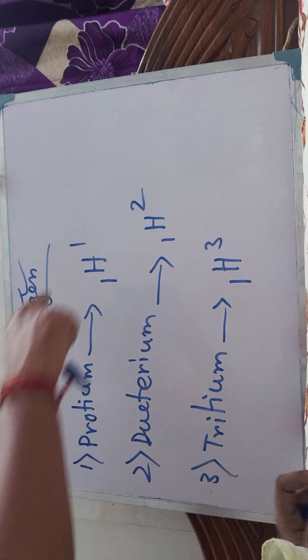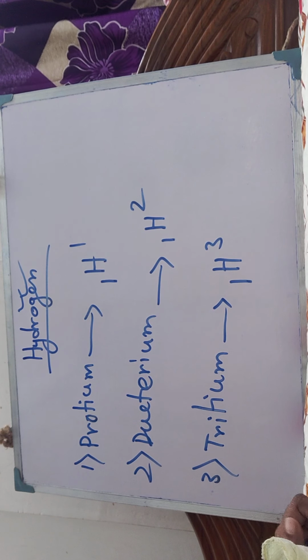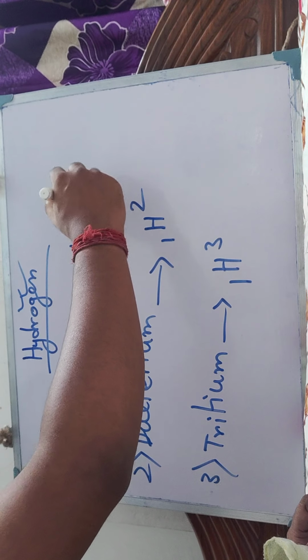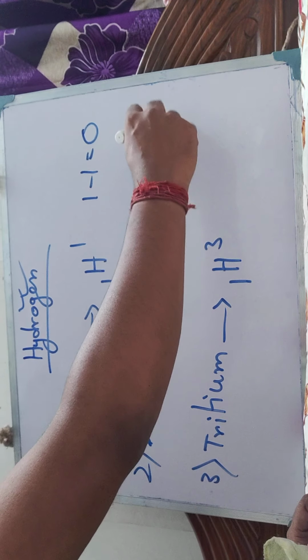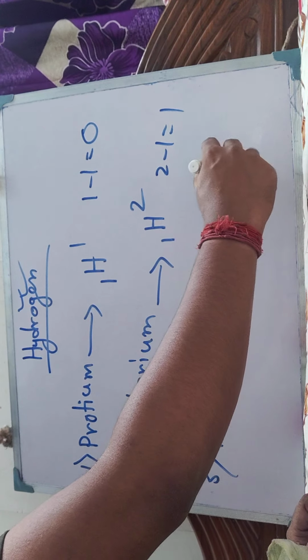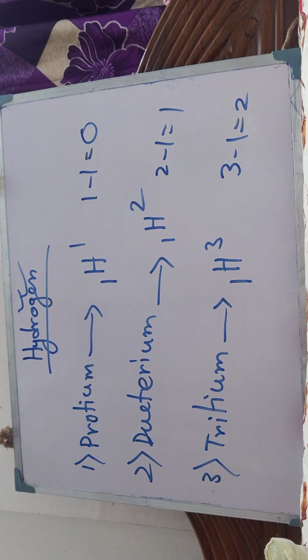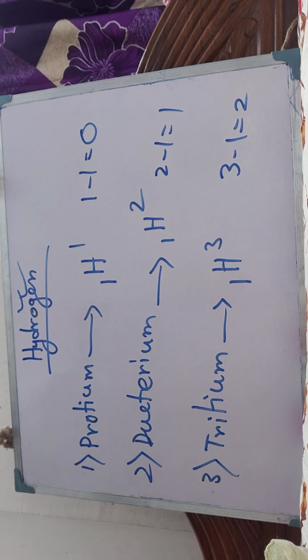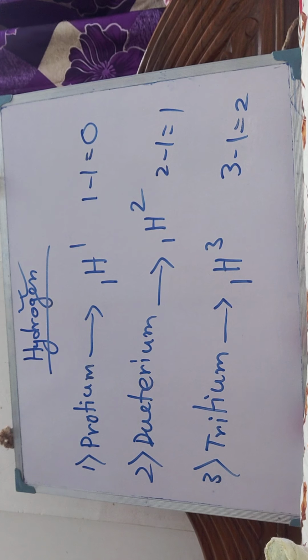If we subtract the atomic number from the mass number, we get the number of neutrons. For protium, it is 1 minus 1, that is equal to 0. In case of deuterium, it is 2 minus 1, it is 1. And in case of tritium, it is 3 minus 1, that is equal to 2. So in deuterium and tritium, 1 and 2 neutrons are present respectively. That is why there is a difference in the mass. And this phenomenon is known as isotopes.